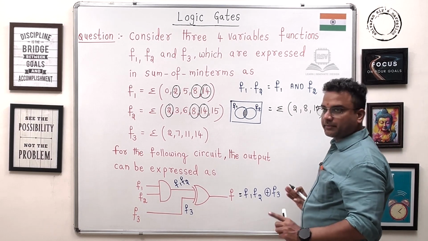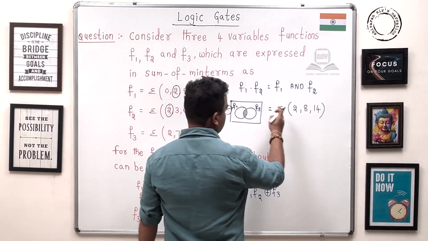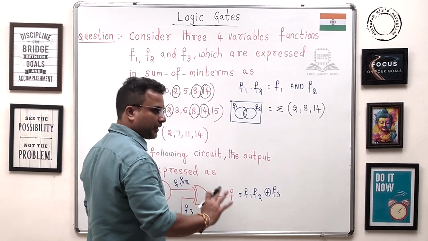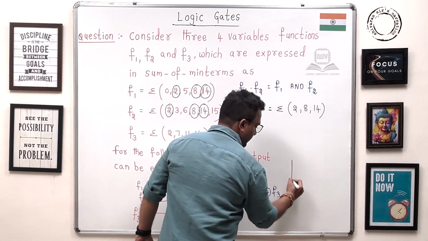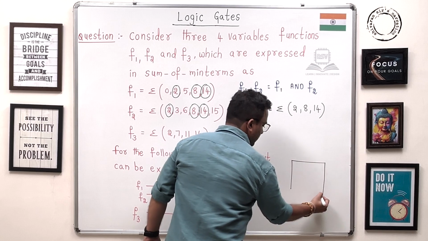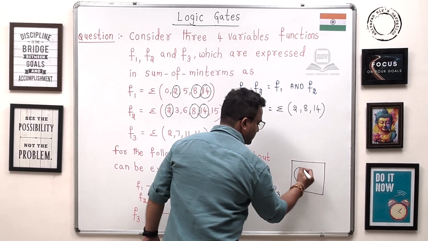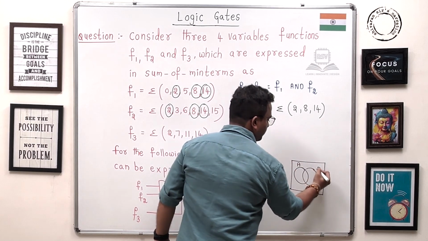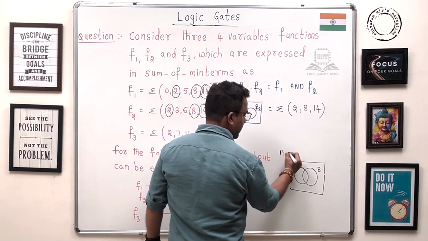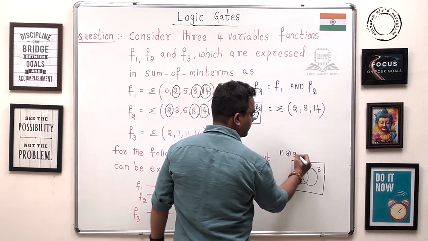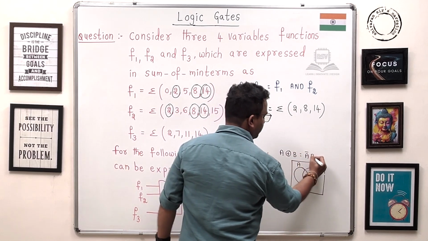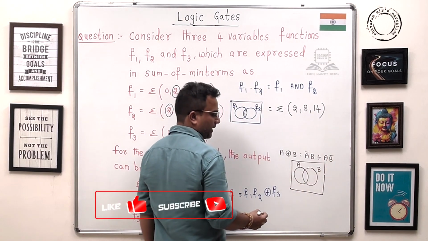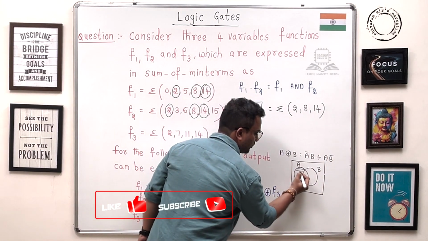Got it? Similarly, let's assume this is f1, f2 and we need to do the XOR operation. Again, guys, you take one XOR operation. Let's assume this is A, this is B. Then, guys, what is A XOR B? That is A bar B plus A B bar. Where do you get A bar B, guys? Here only, no?